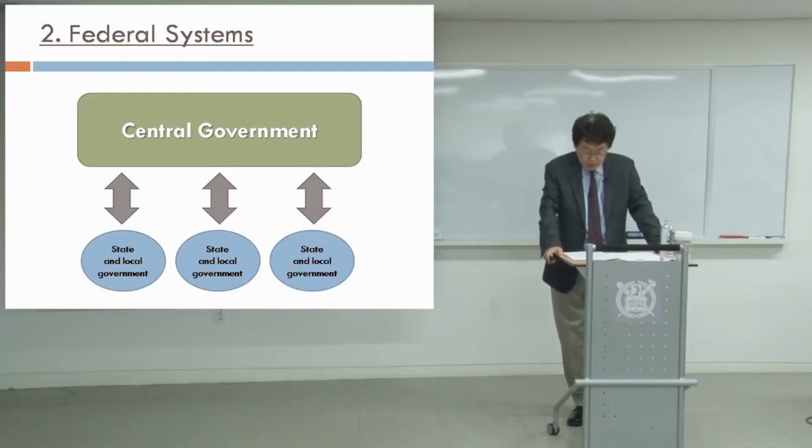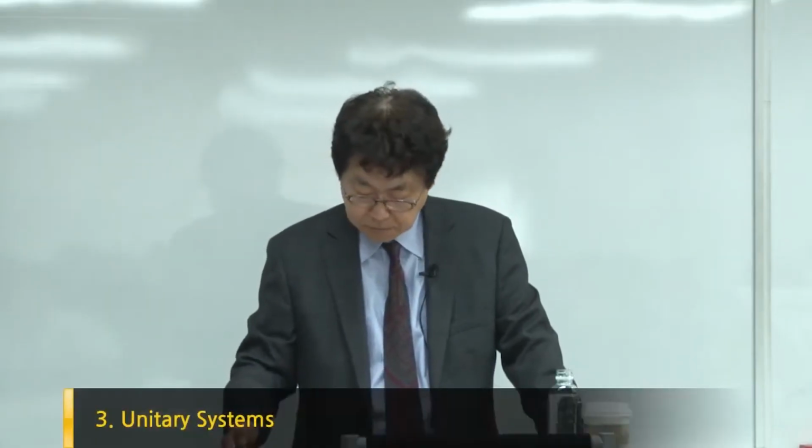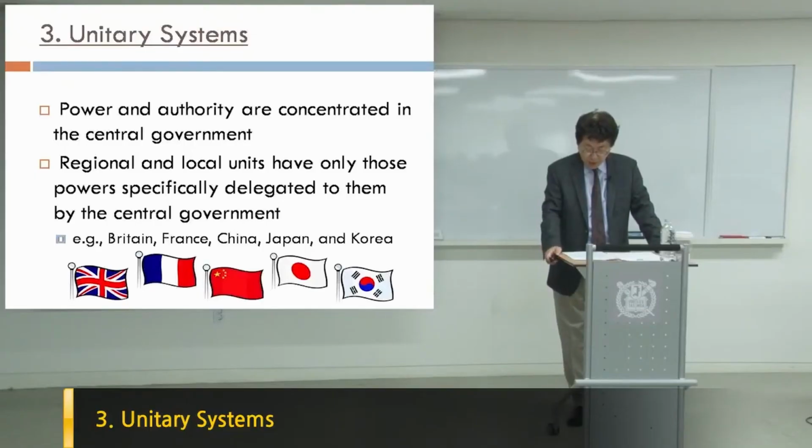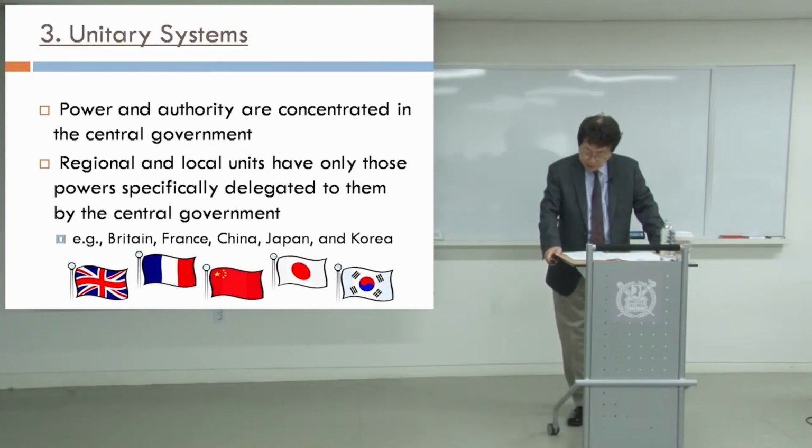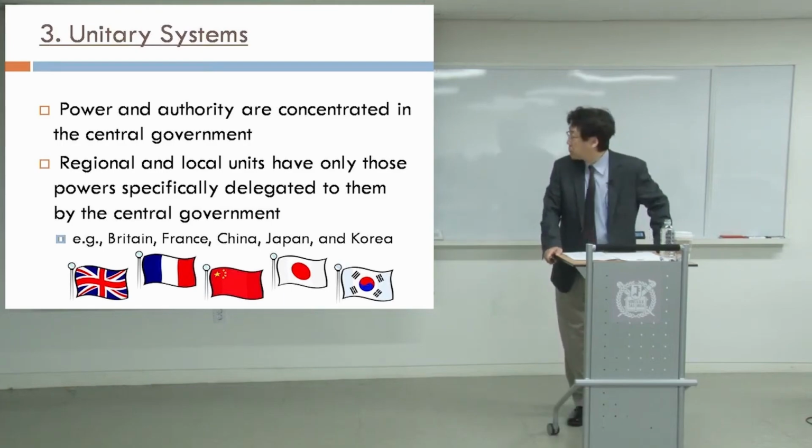Finally, under the unitary systems, power and authority are concentrated in the central government. Not local, but central government. So it's the other end from the confederal.